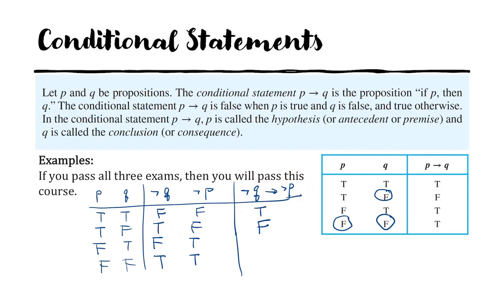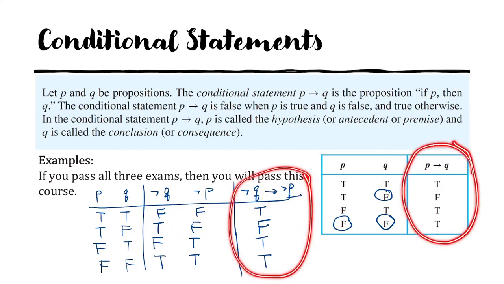And all other cases will be true. Now, what do we notice? If you compare the truth tables, you will see that the truth values of P implies Q and not Q implies not P are the same. Do we see that?